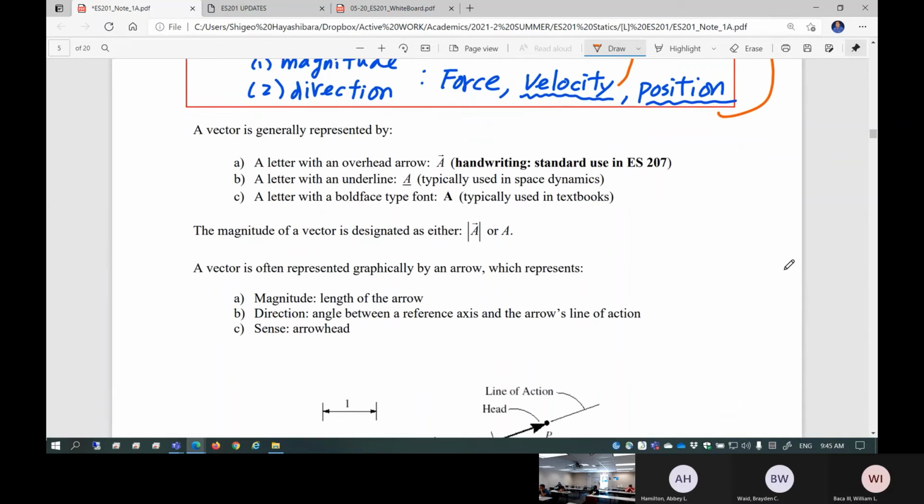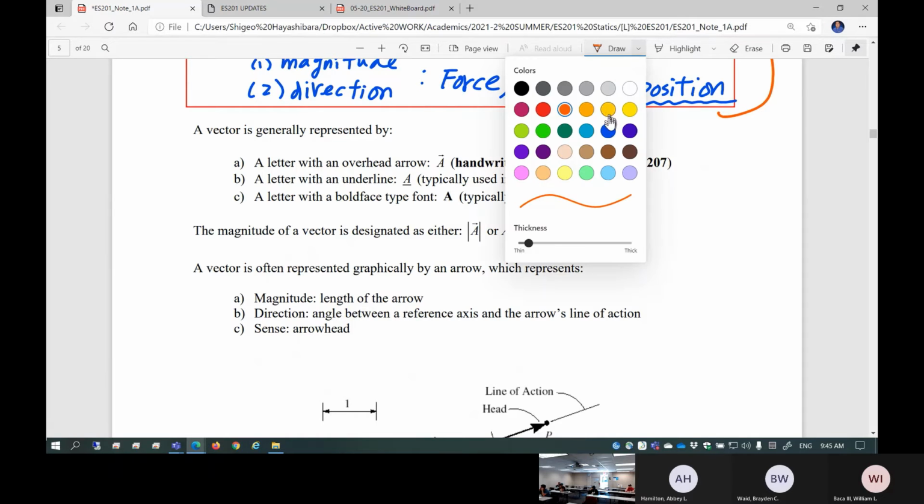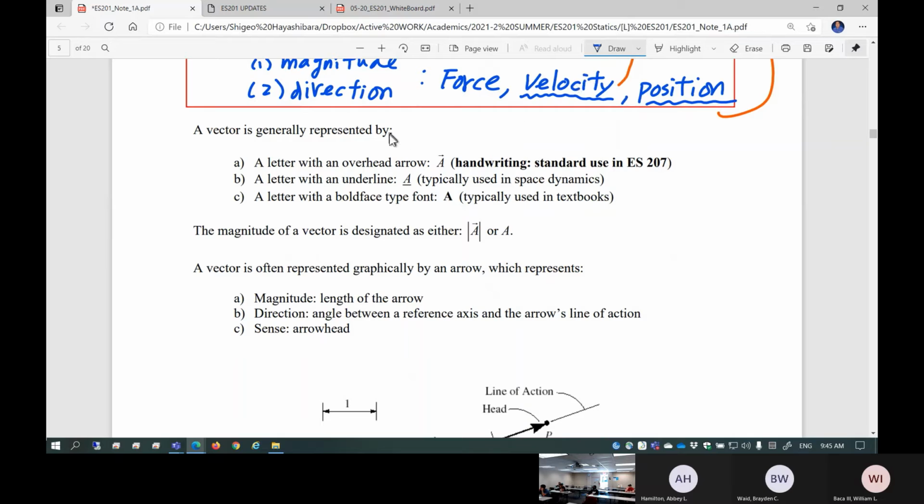In this class, we are going to spend some time dealing with vectors to begin with. It's quite important. Whenever you describe a vector, remember that a vector is different from a scalar. This is very fundamental, but upper division students still often get confused. If you write an equation based on scalars, you must stick with scalar notation.